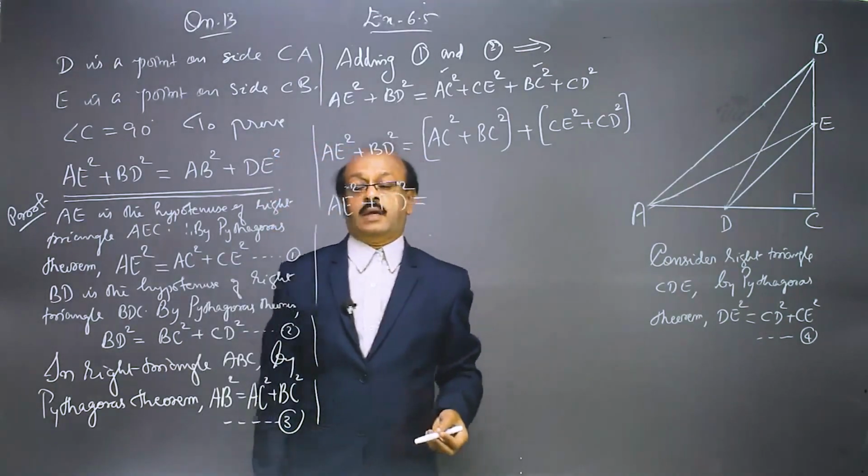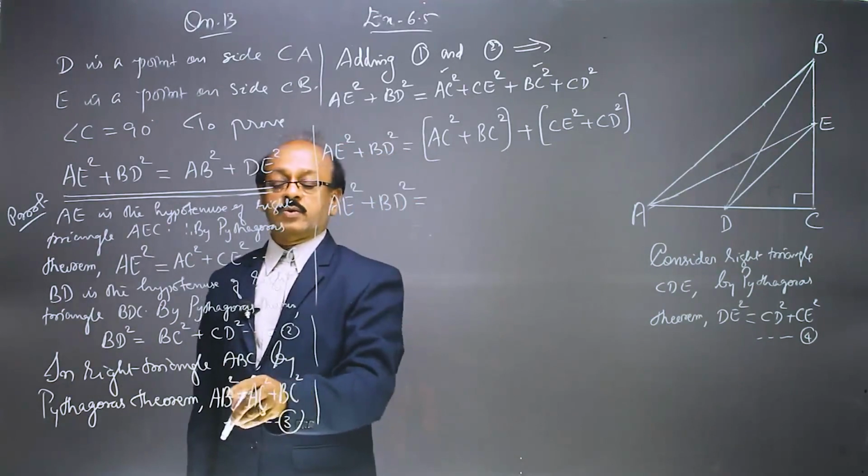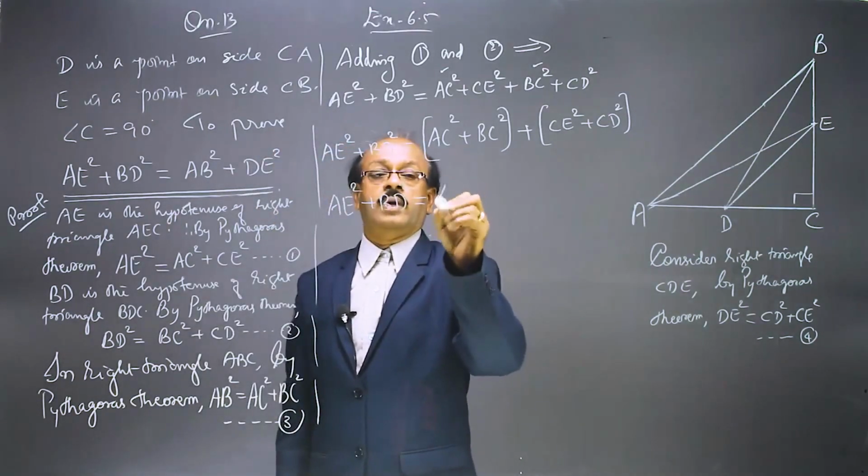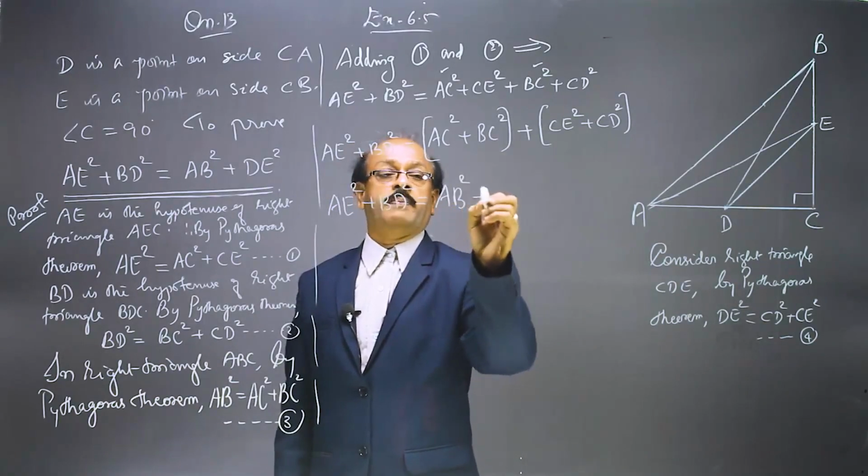See equation number 3. AC square plus BC square is equal to AB square. So, this bracket reduces to AB square, then plus.